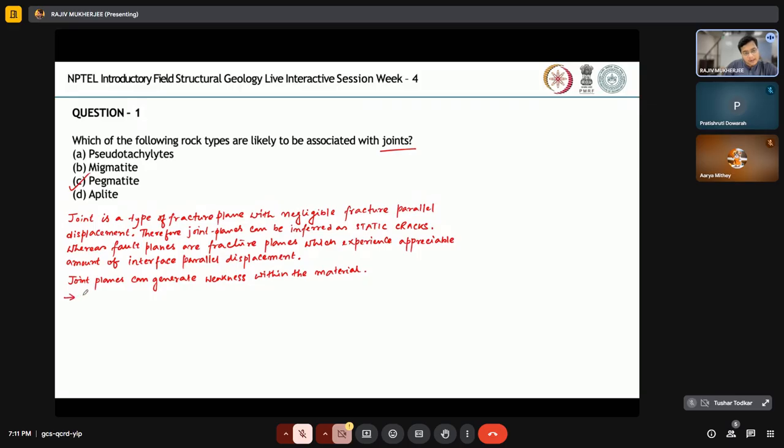Now, because of this inherent weakness, the joint plane may or may not localize strain. But joint planes do accommodate fluid intrusion in the host rock.